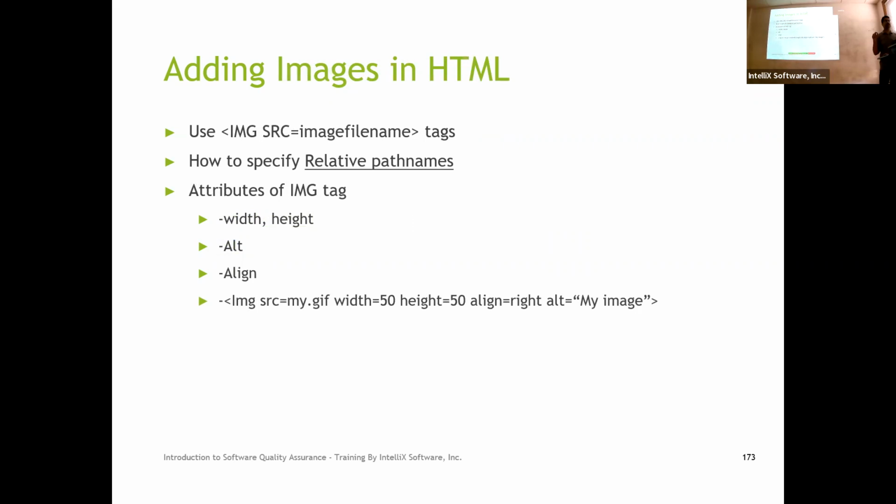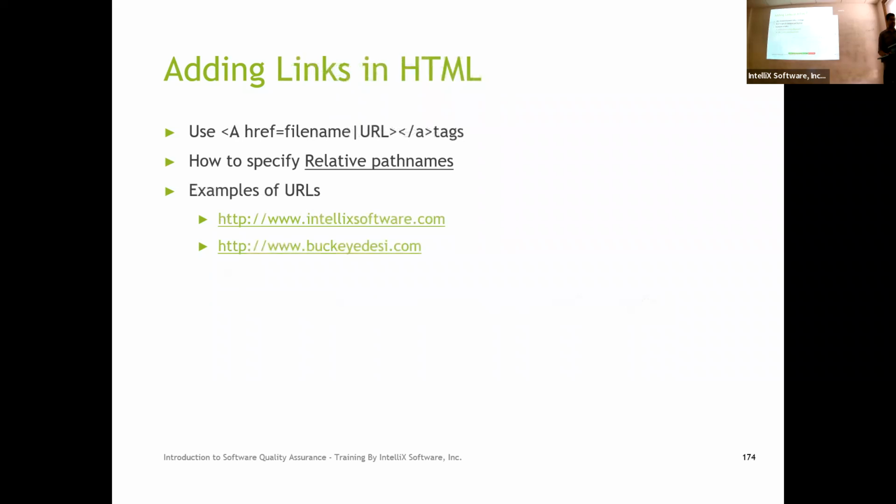That's known as alternate text. It says that while it's taking time to load, I want the browser to display this wording as an alternate. And you can create a link through the URL tag.